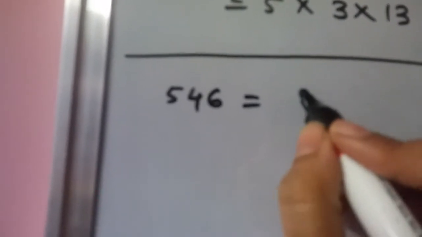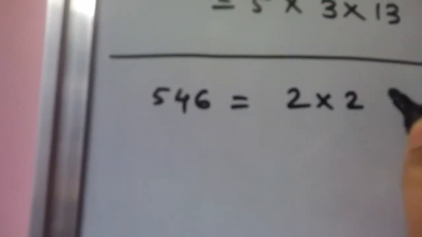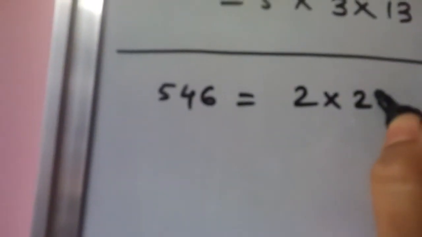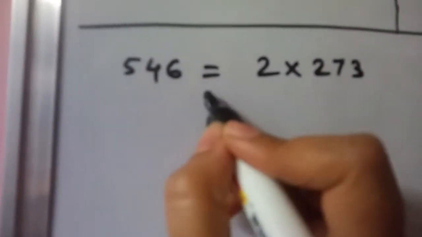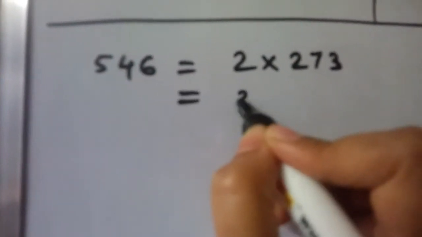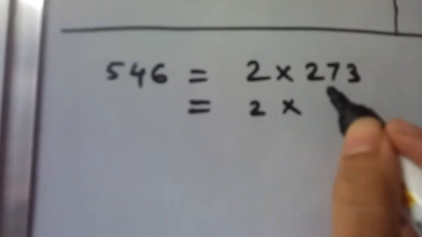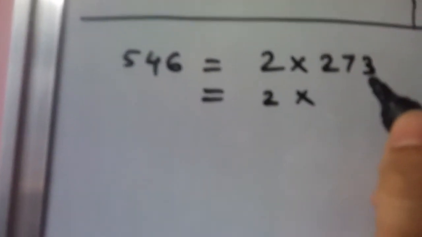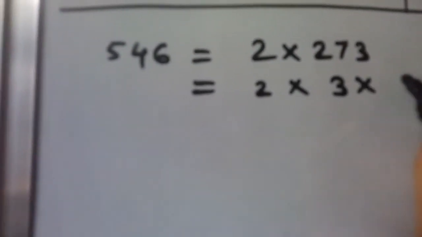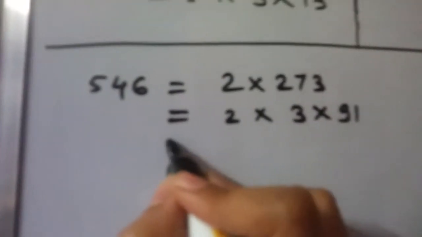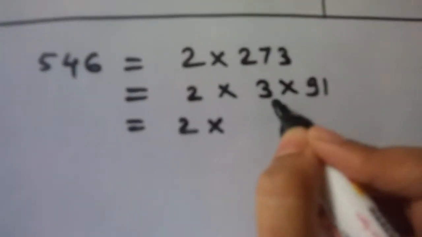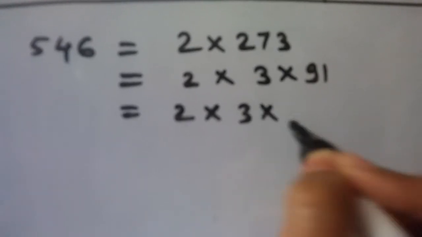546 is 2 multiplied by 273. This 2 stays as it is. How to factorize this 273? 3 into 91. This 2 stays as it is, this 3 stays as it is.